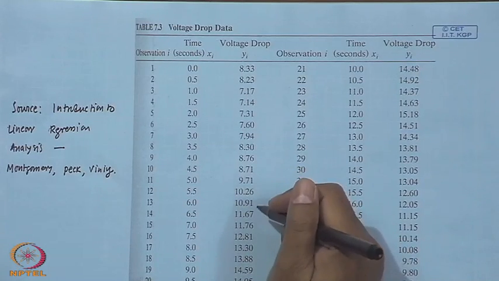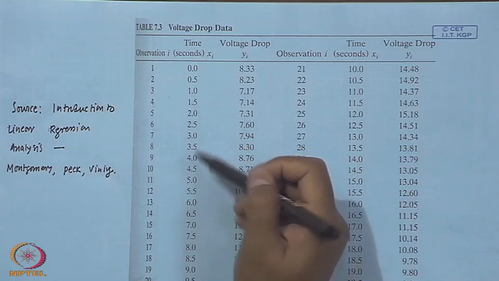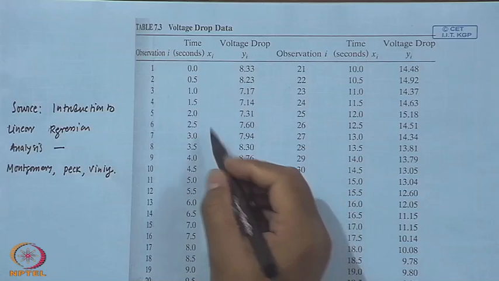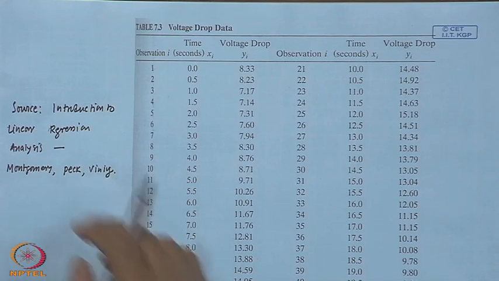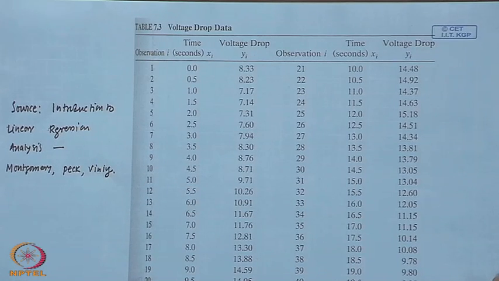So, this is called voltage drop data, and here is the response variable, and you have one regressor, and there are a total of 41 observations. Okay. And I should mention that the source is the Introduction to Linear Regression Analysis book.